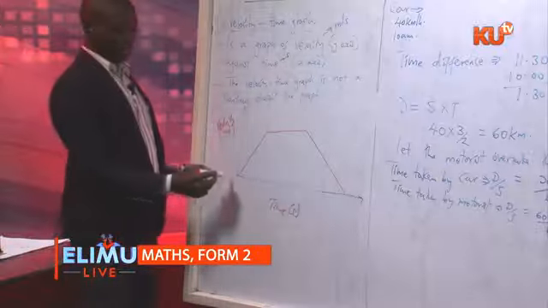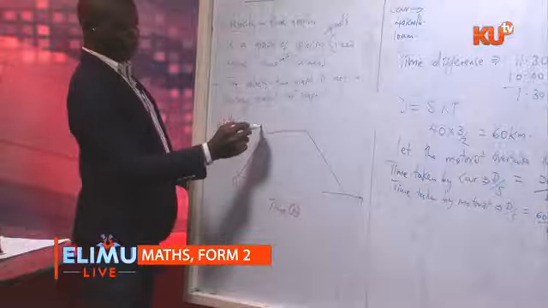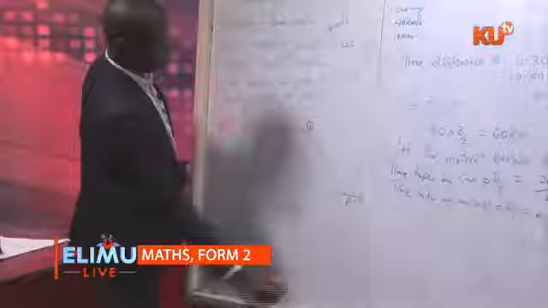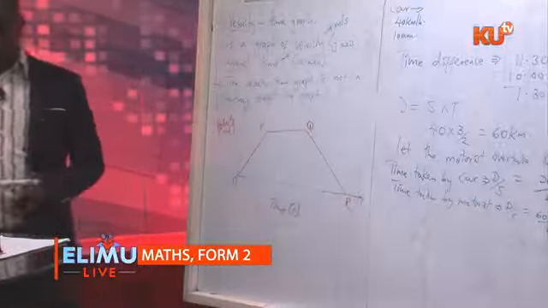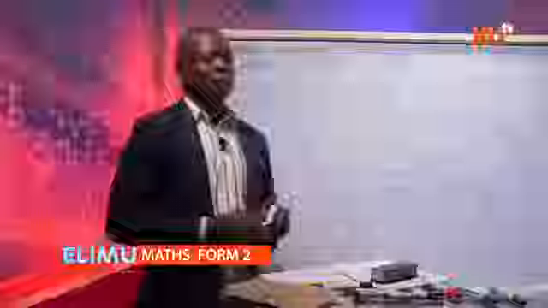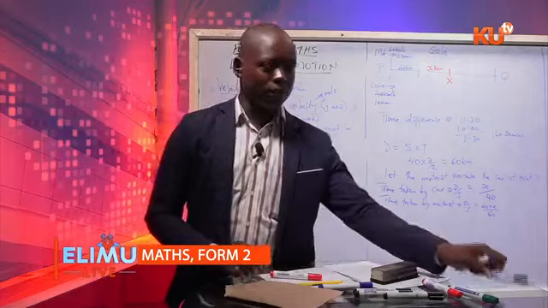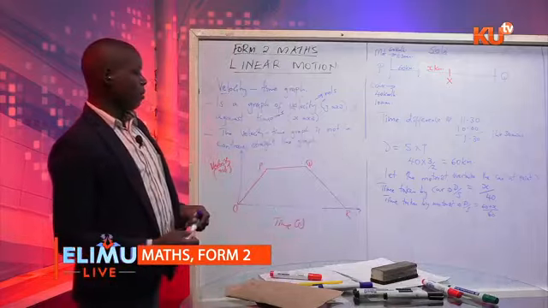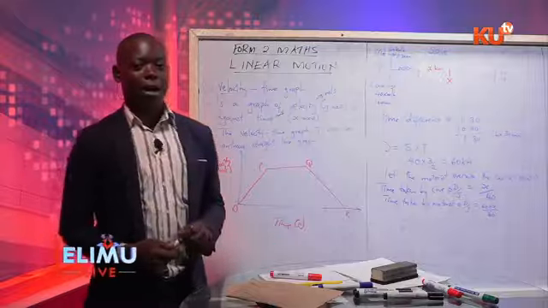So we can label this as point O, point P, point Q, and point R. As students, you need to know what happens at each point: what is happening at OP, PQ, and QR.